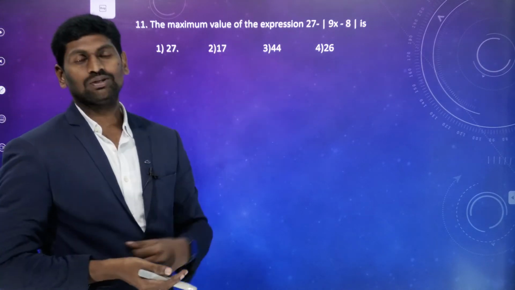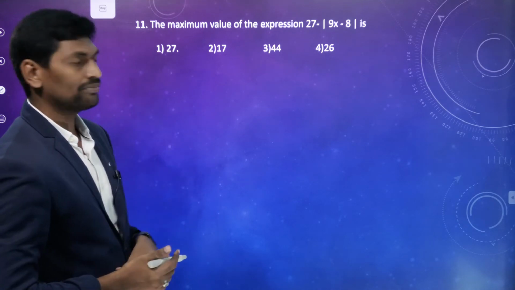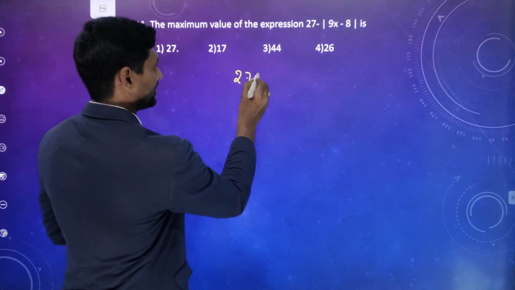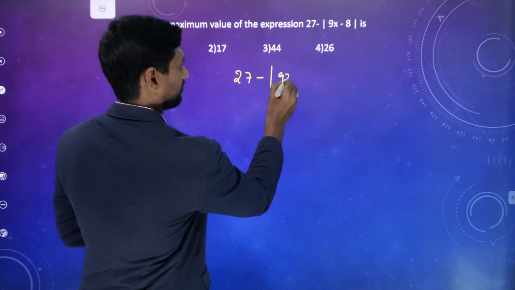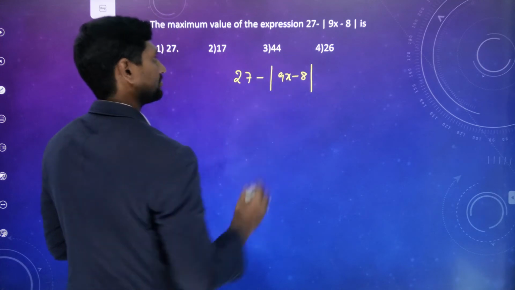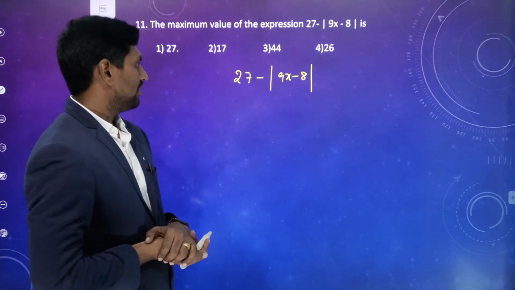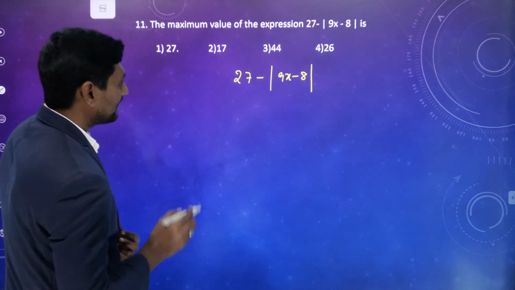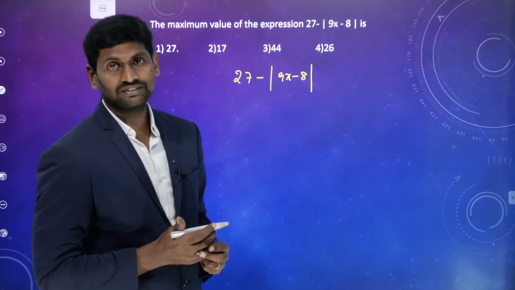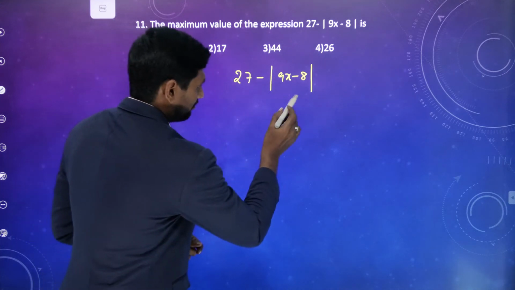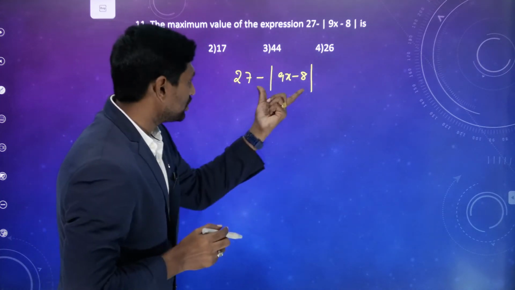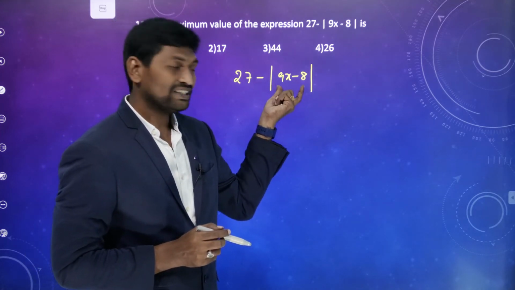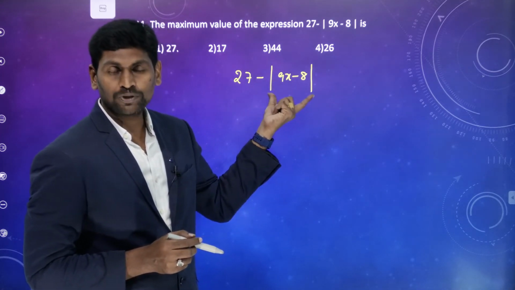Here is the maximum value. The previous problem gave the minimum value, now the maximum value, and the expression is 27 minus modulus of 9x minus 18. Here a small trick should be understood, because we already discussed that the modulus of any number, even if negative, will project as a positive number.